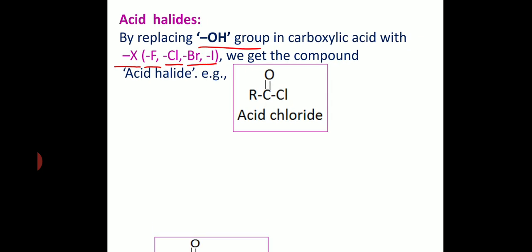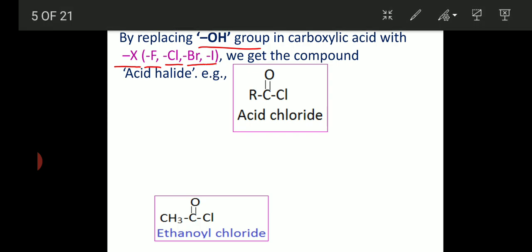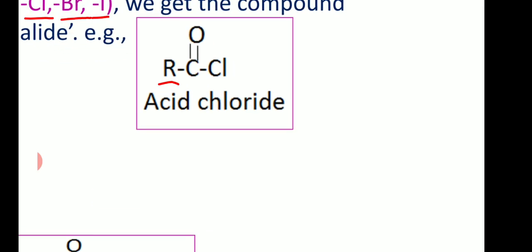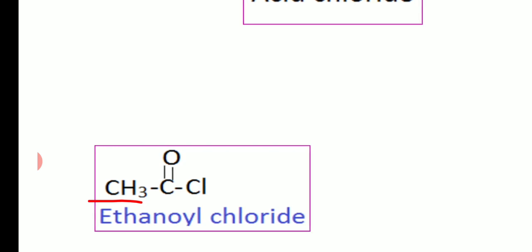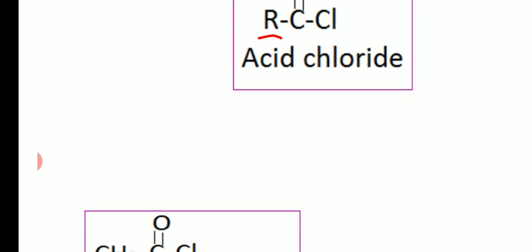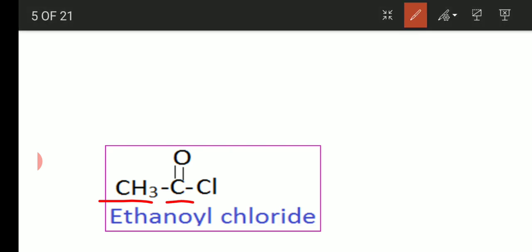Now nomenclature. Example, in place of R we have taken CH3. In place of the alkyl group R, CH3, that is the methyl group, is substituted, of course Cl is Cl. Though the methyl group is substituted, how many carbons are present in this? 2 carbons are present.